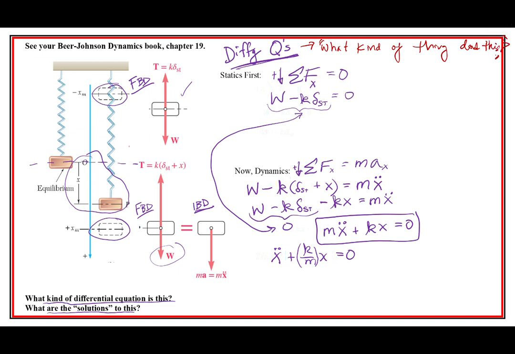Boom. And so you ask yourself, what kind of thing, when you take the second derivative of it and you add it to the original thing, gives you 0? And the answer is a sine wave.